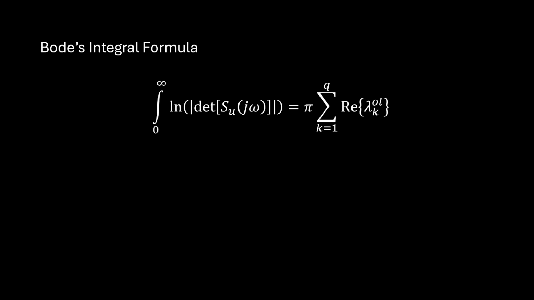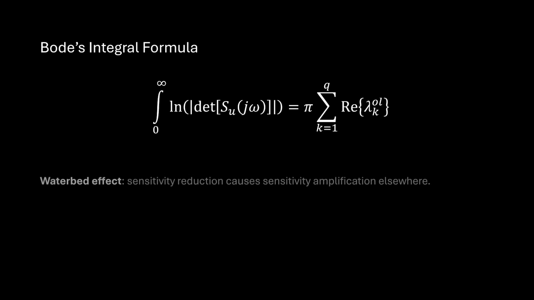This means that if we want to reduce sensitivity in one channel over some frequency range, it must cause amplification elsewhere. And that elsewhere could be a different frequency, or more dangerously, a completely different channel. That's the waterbed effect.